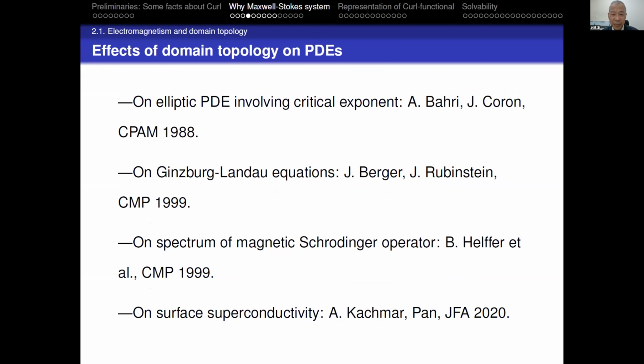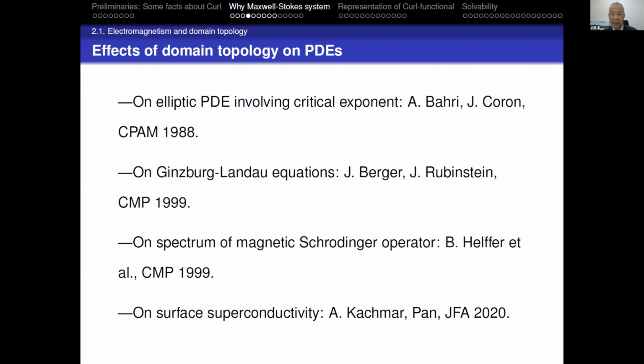And here I want to mention that the effect of domain topology on equations has been studied by many people. For example, Berestycki and Coron in 1988 studied the domain topology effect on elliptic equations involving critical Sobolev exponent.